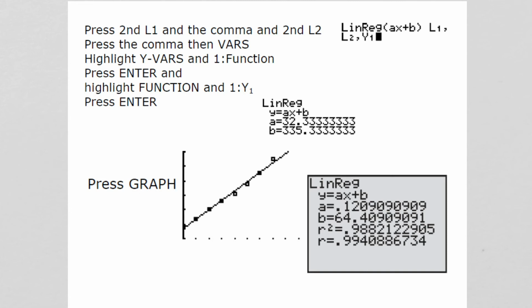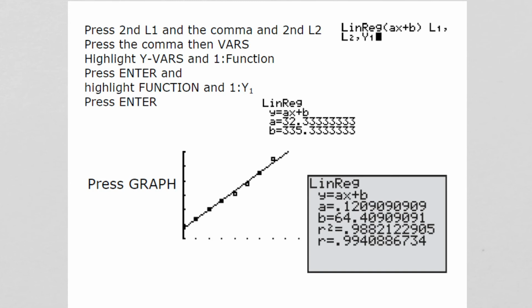For the 84, it makes it as a list, so it's a little bit different. And then Y1. Now, how do you get Y sub 1? Well, a little bit complicated. You go to Vars. That stands for variables. Then highlight where it says Y variables and the first function, because that's where we've got it graphed, and hit enter.